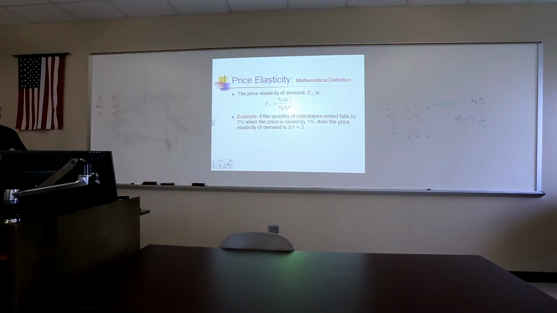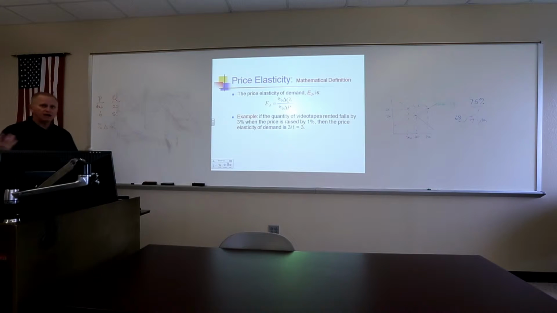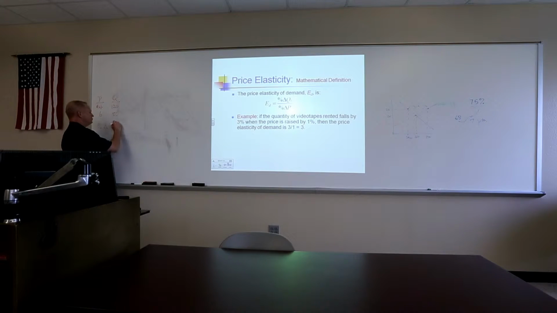Does anybody remember how to do a percentage change in math? Like a basic percentage change calculation. Like if you go from $10 to $12, what's the percentage change? I know it's a $2 increase, but what's the percentage change? Anybody know how to do that? 12 divided by 10. Okay, I always remember it as the new amount minus the old amount divided by the old amount, and then of course times 100.